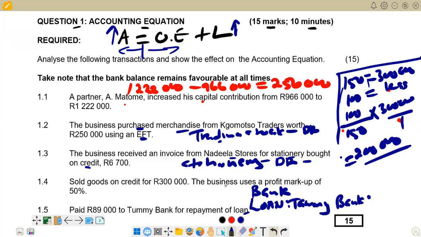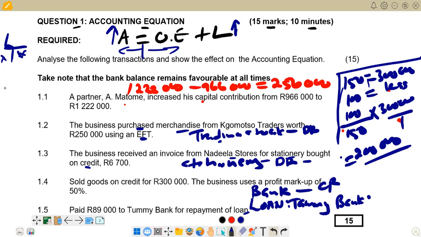And then we are paying. Money is going out of the business, so bank is the giver there. So we credit bank, and we are repaying the loan. Remember, on the loan account, when we take a loan, we credit, to show that it's a liability. Liabilities are credited. But when that loan is being repaid, we go to the opposite side and debit to reduce the amount of loan.